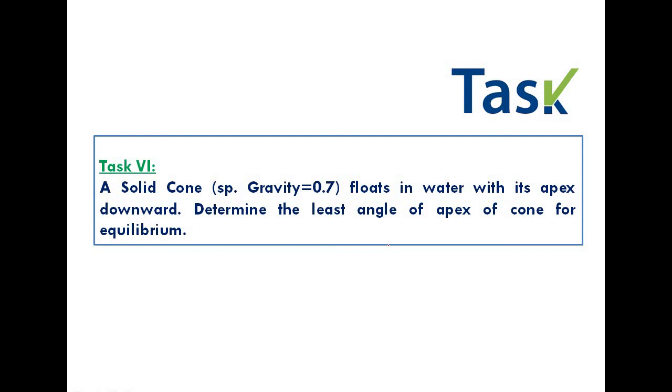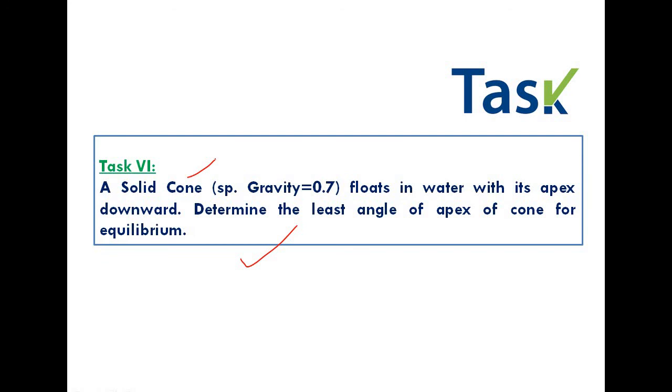And you have a task. This problem is very similar to the last problem we discussed. What is that? A solid cone. Here the geometry is different. Instead of a wooden cylinder or rectangular cylinder, we have taken a solid cone.